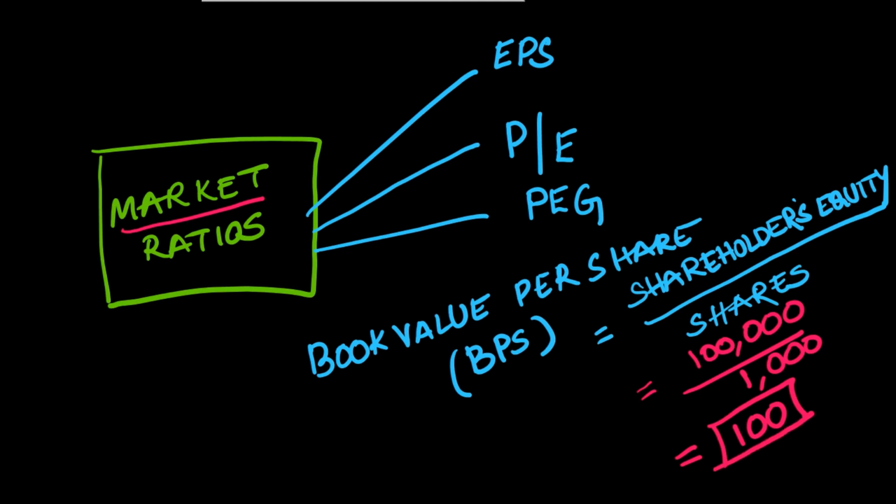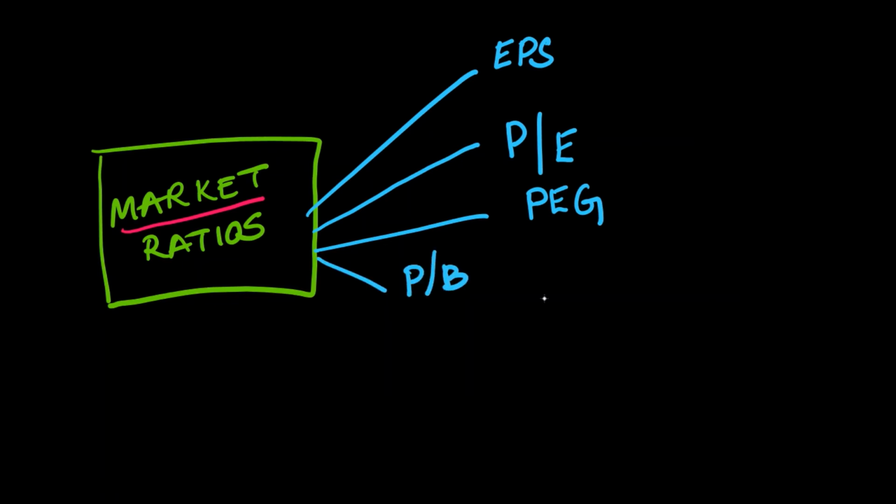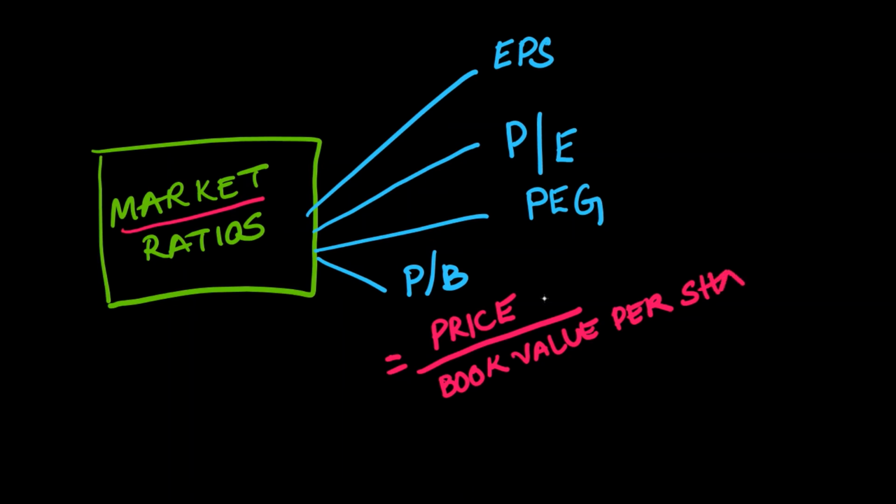Based on book value per share, we look at ratios like price to book value, meaning the market price of each share in comparison with the book value of each share. A stock with high price to book value in comparison with other stocks of the same sector means that the stock is overvalued.